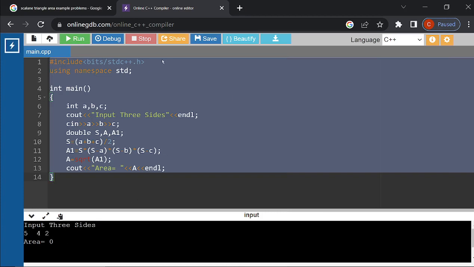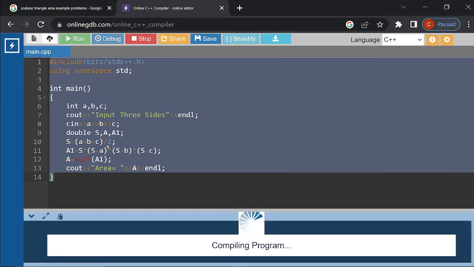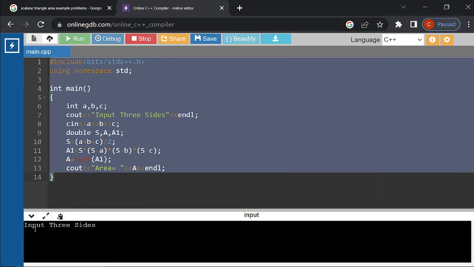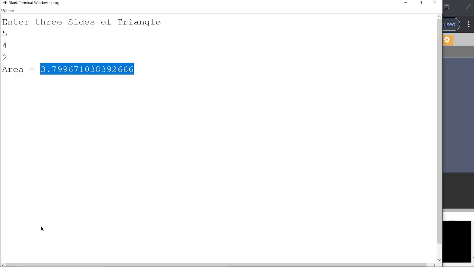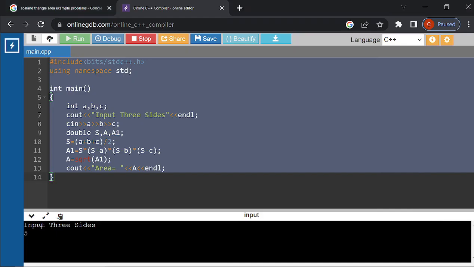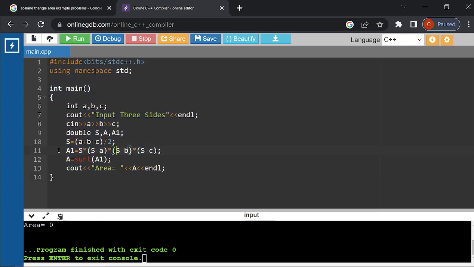I have used double. Why is this area coming 0? Okay, all right, just convert this into double.